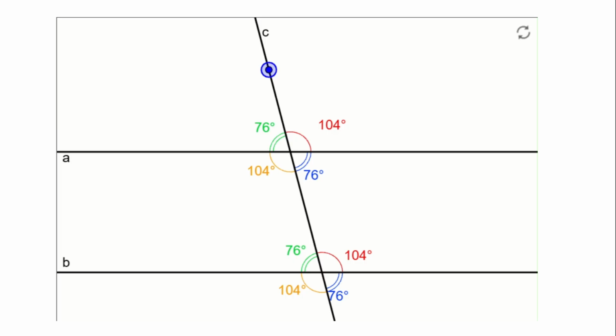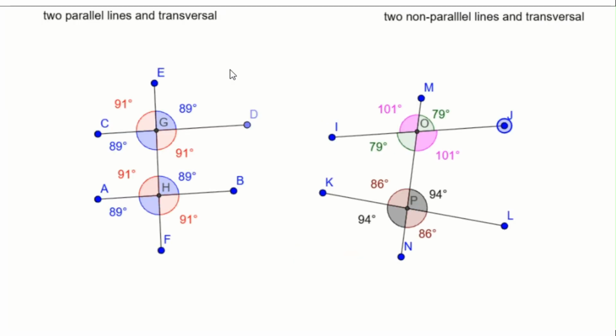Thank you. Now, talking about the difference between a transversal line in the case of parallel and non-parallel lines: in the case of parallel lines, I already discussed that both lines behave equally. For example, here it makes 89 degrees and it automatically makes 89 degrees below, but that does not happen with non-parallel lines: here the angle is 79 degrees and here it is 94 degrees.